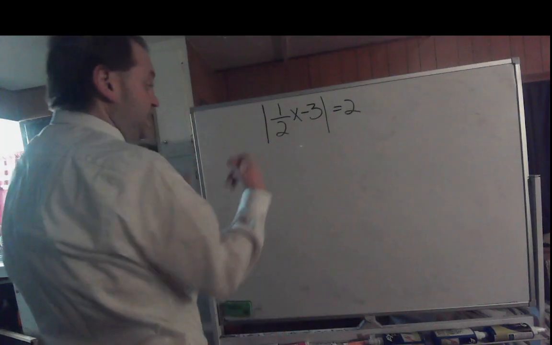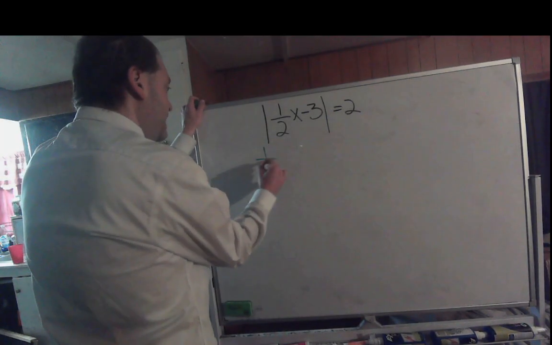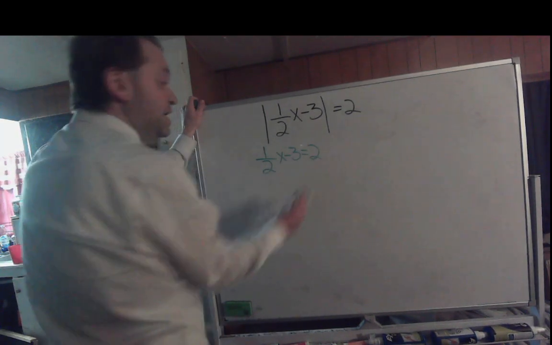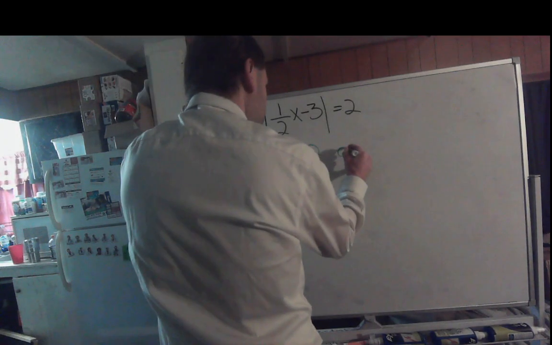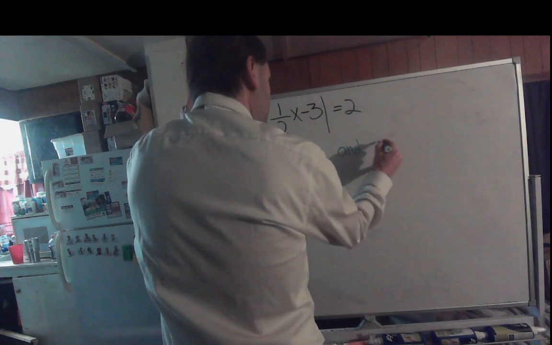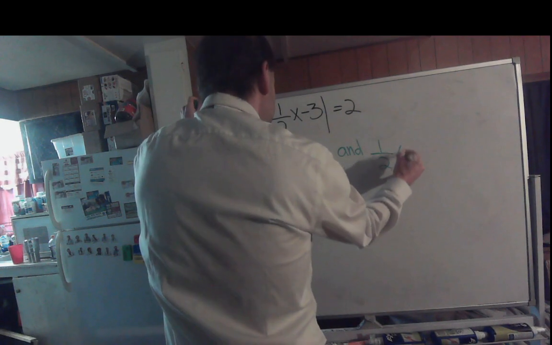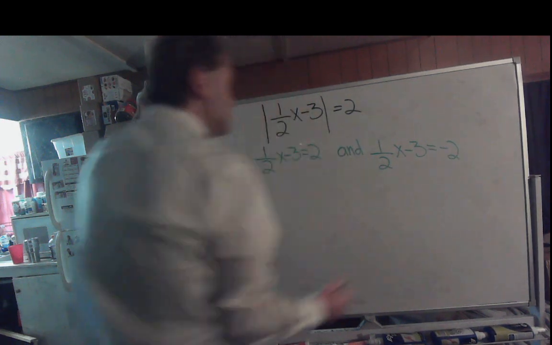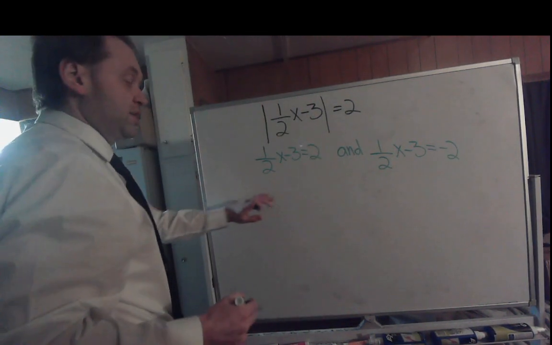So of course, take each of these, do a 1/2 x minus 3 equals 2, and do a 1/2 x minus 3 equals -2. Then solve for x separately in each of these equations.